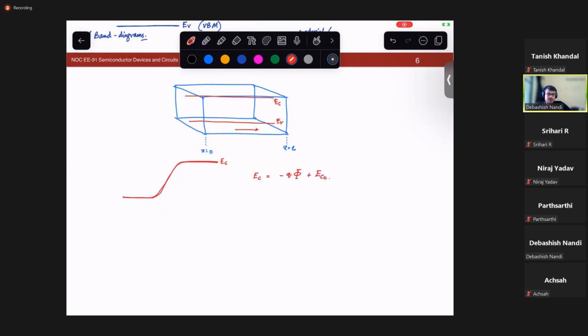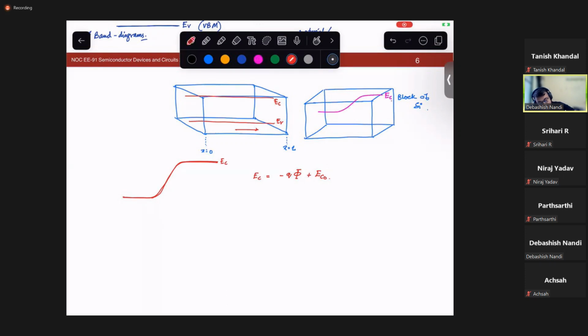Suppose this is a block of silicon, and your energy is varying like this.